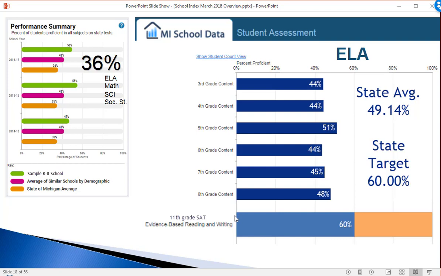And in this case, you'll notice the advantage goes to high schools, where the average 11th grade student, 60% have already met the benchmark on the SAT, and they're actually already meeting the state target. The second highest would be 5th grade. So again, the school index is going to give advantage to elementary buildings that contain a 5th grade and high schools that contain the 11th grade.